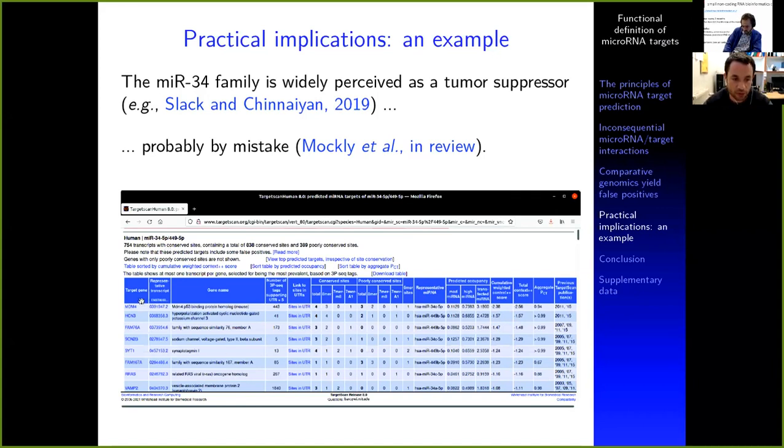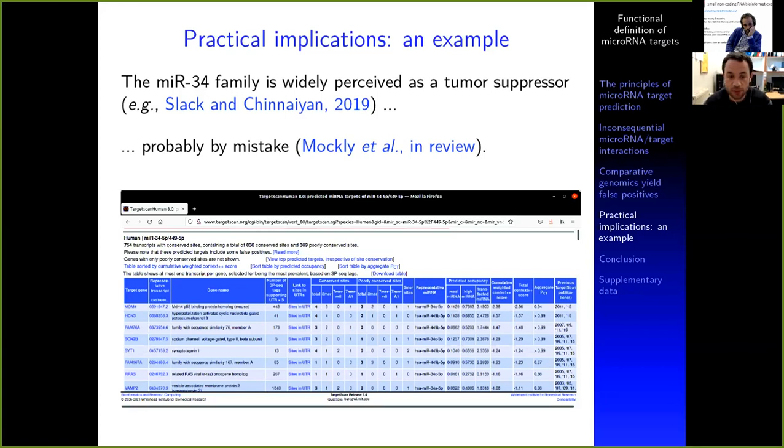When you scroll down that list, you will find genes whose names really could mean something in terms of cancer biology, for example MDM4 or RAS. These genes could be pro-oncogenic or at least help tumorigenesis. And of course, if miR34 would repress these genes, probably miR34 could be anti-tumorigenic by repressing these oncogenic genes.